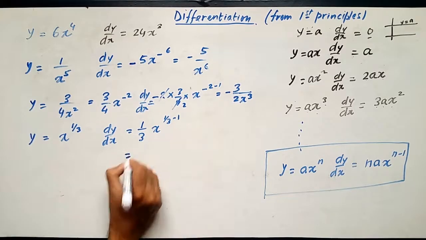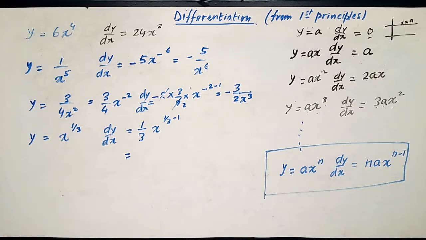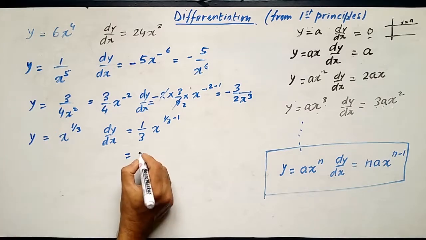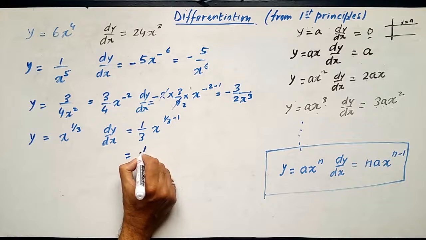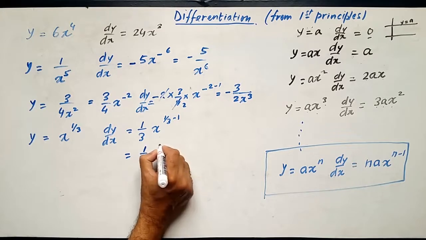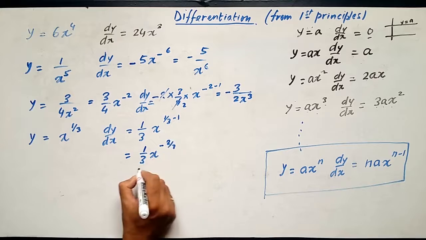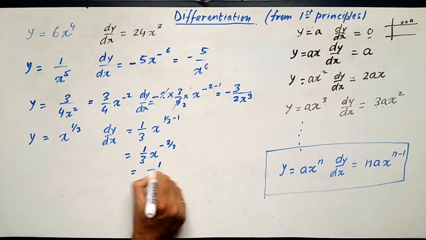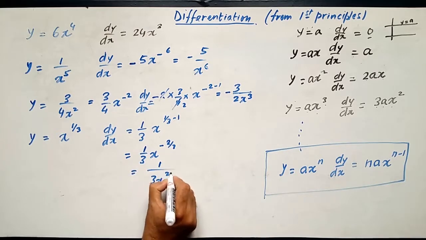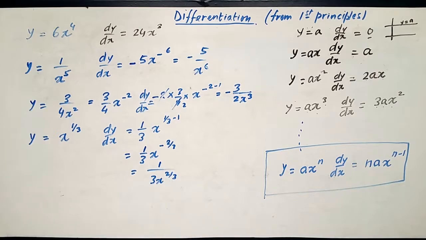So x to the power 1 by 3 minus 1 is minus 2 by 3. So we get 1 upon 3 times x to the power 2 by 3.